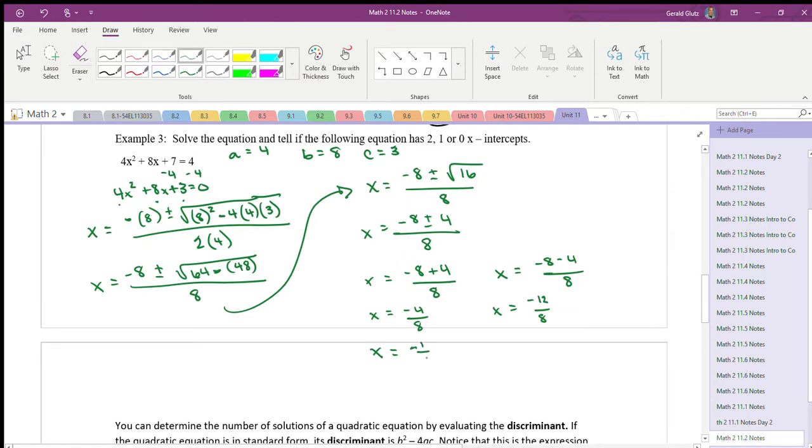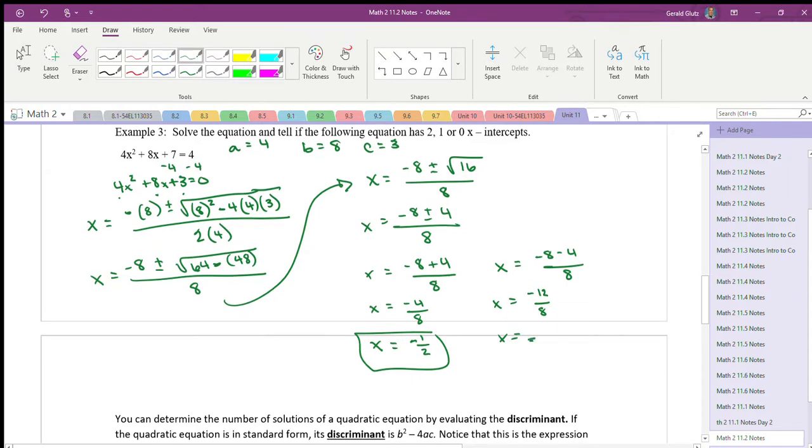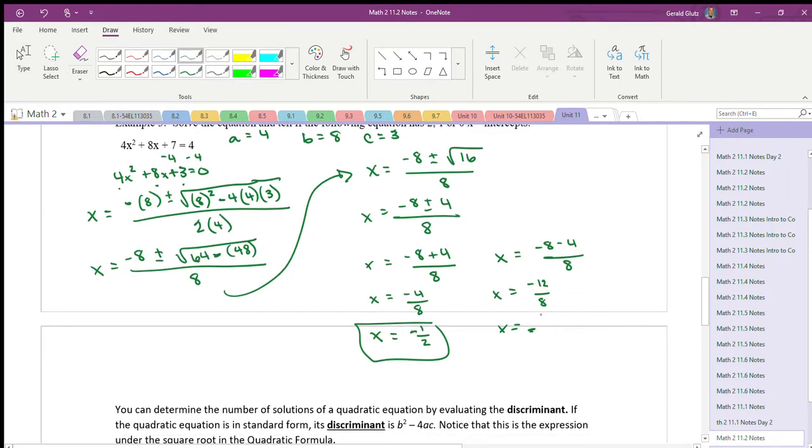If I reduce that, that becomes negative 1/2. And if I reduce this fraction, it becomes negative 3 over 2. And those are our 2 roots, so this one also has 2 roots.